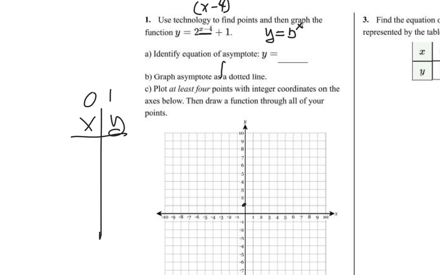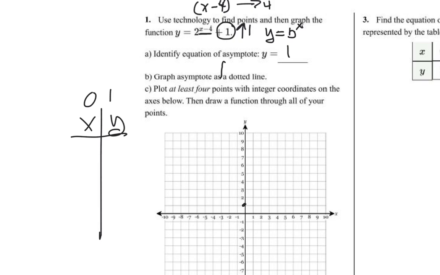So instead of going to the left 4, when we bring it out of opposite world, we're going to go to the right 4. And then this would be my vertical shift, so it means I'm going up 1. This is also my asymptote, so it means it's flattening out at 1.